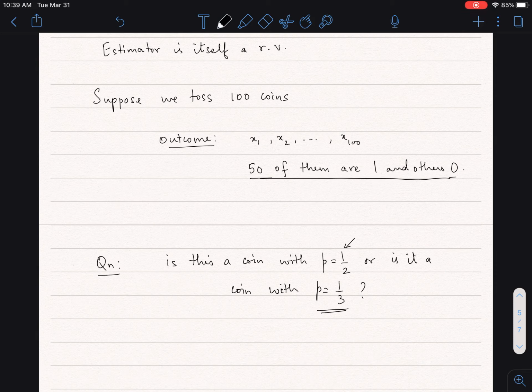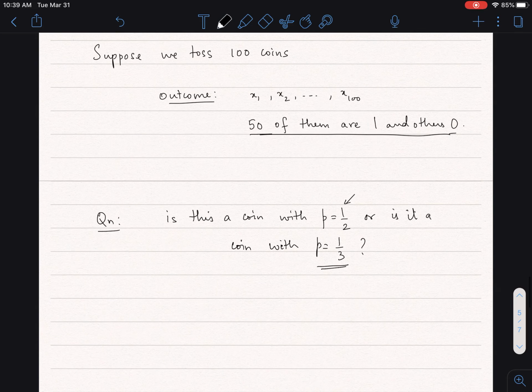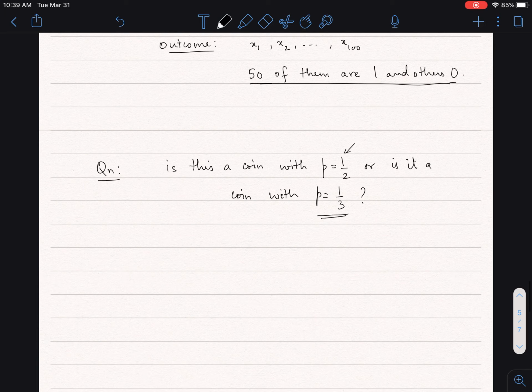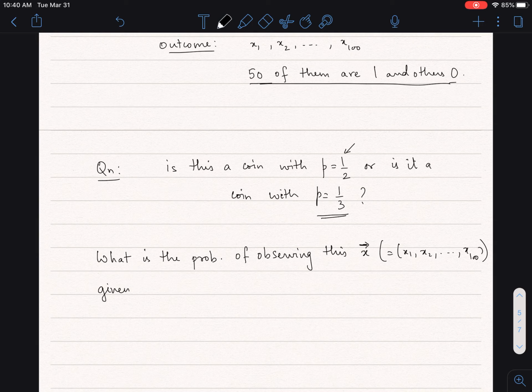Now if you think about it, you can actually formalize this. What we are asking is, what is the probability of observing this sequence x? Let me write x vector as the sequence, given a certain value of p.